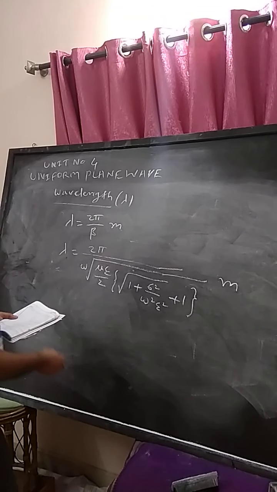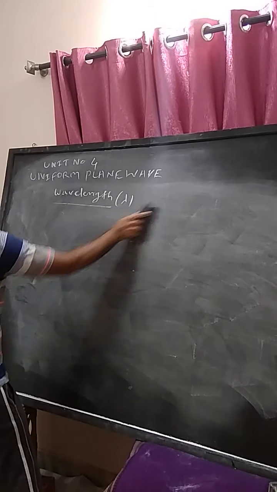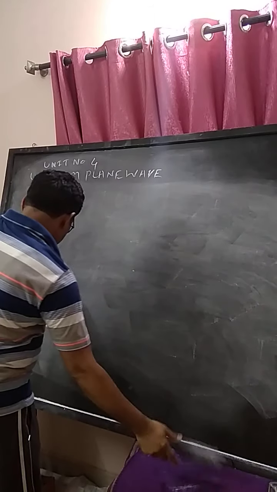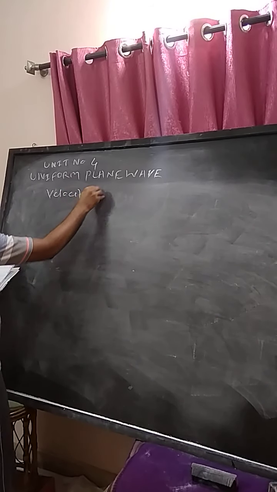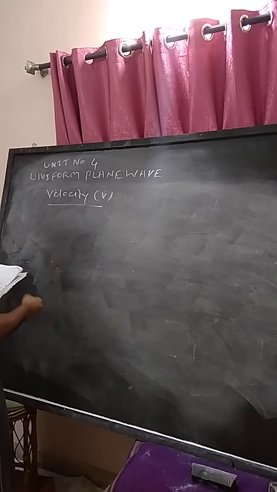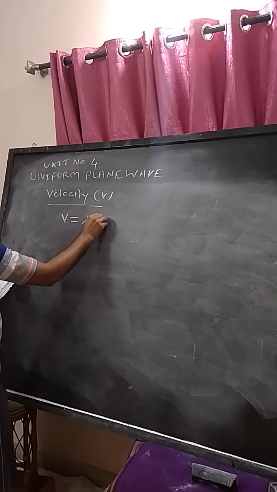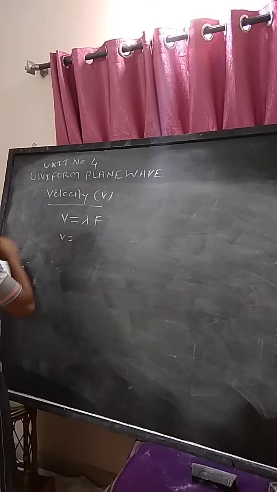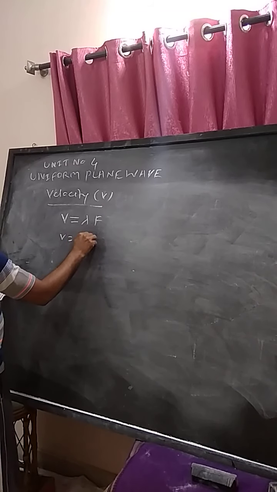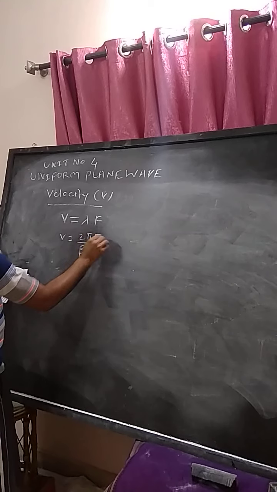Similarly, we have also seen the equation for velocity. We know that velocity is denoted by v, and the velocity of propagation is defined as the product of wavelength and frequency. This is the basic equation. So v is equal to lambda, that is 2 pi divided by beta, into f.